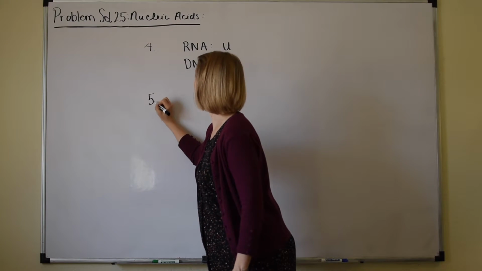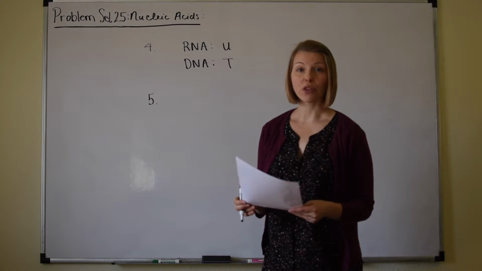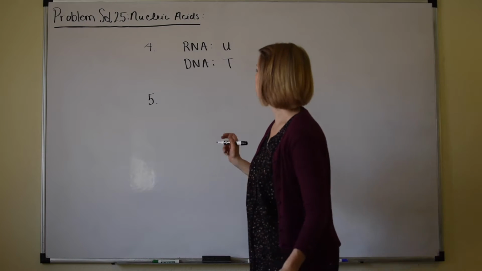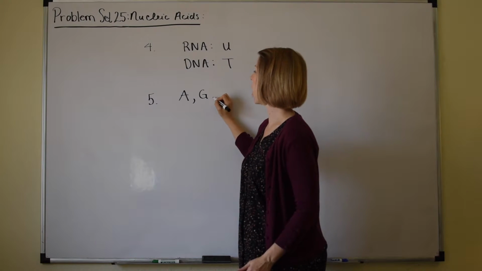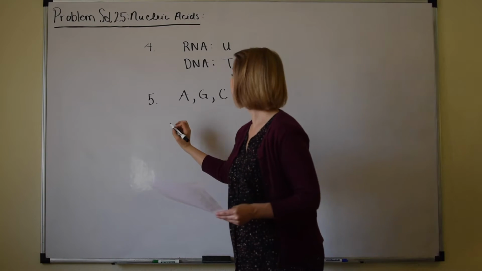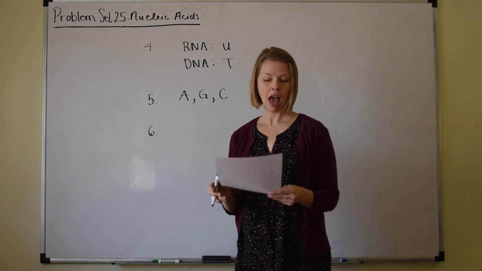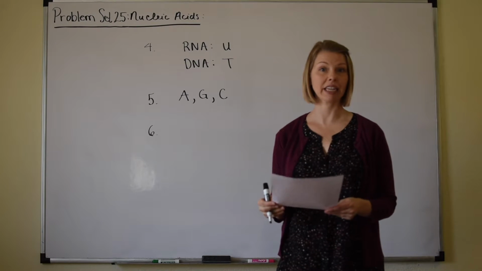Number 5. Which bases are found in both DNA and RNA? Okay, so found in both would be adenine, guanine, and cytosine. And number 6. How are nucleotides connected in a polynucleotide chain?